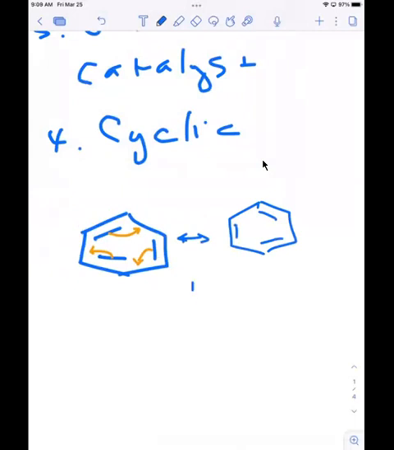So a lot of times you'll see this written as a Kekulé structure, which just has a ring in the middle, like a circle. And that circle is indicative of those electrons just constantly moving, constantly being in resonance.